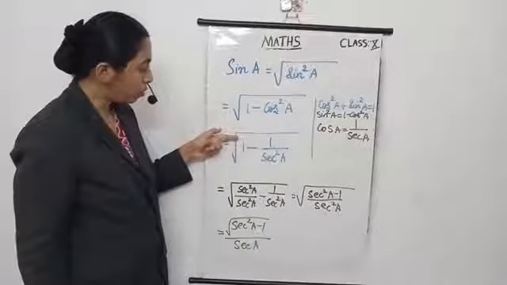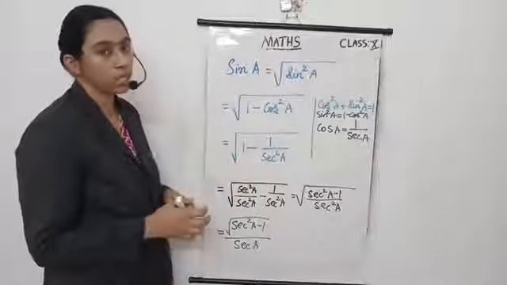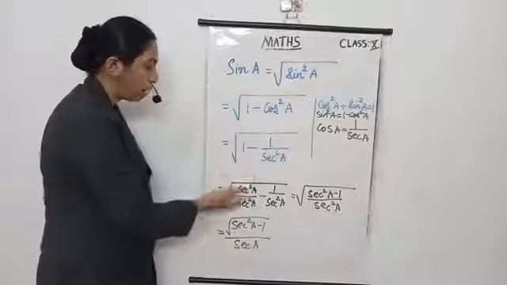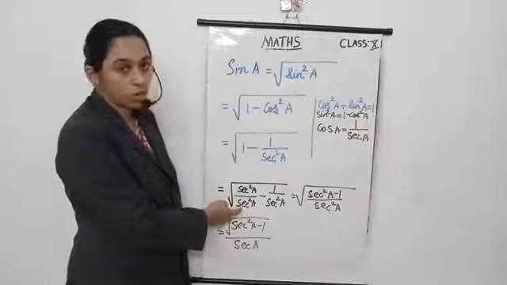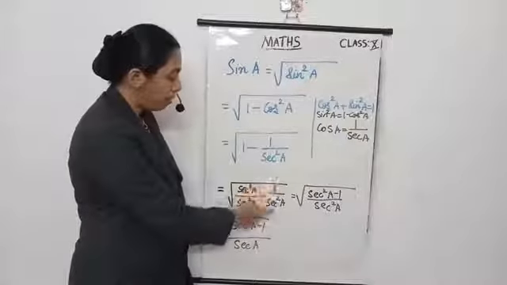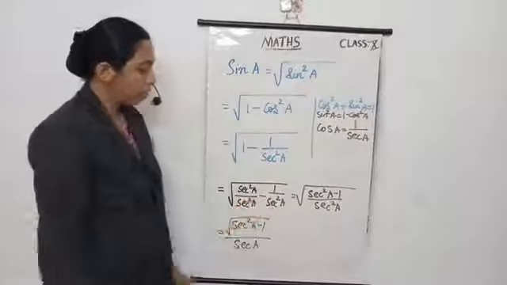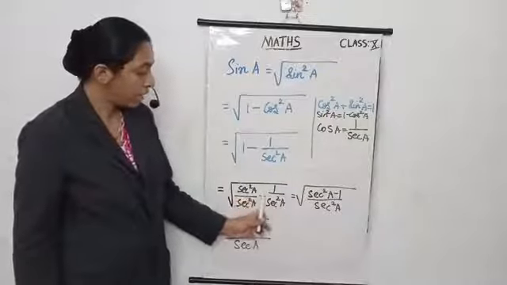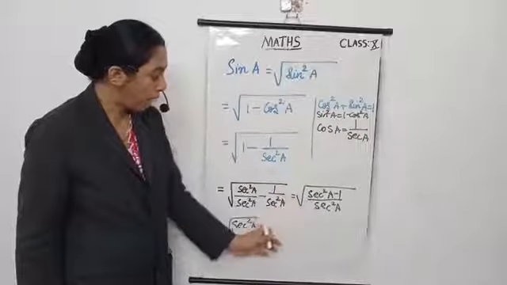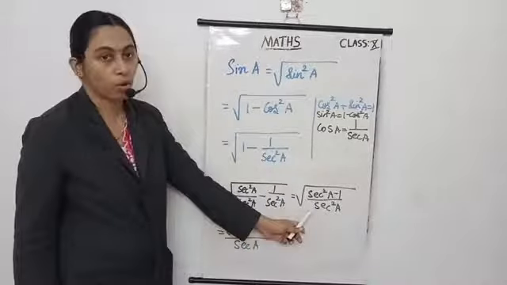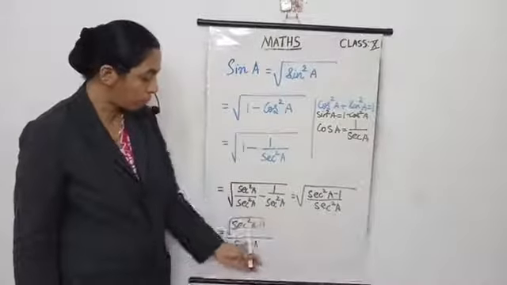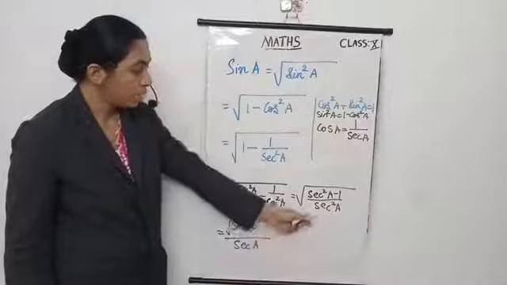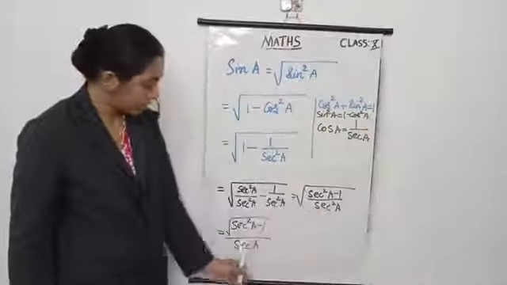So multiply both the numerator and denominator with sec square A. Here 1 means sec square A by sec square A minus 1 by sec square A. Now same denominator, so we can subtract the numerators. So sec square A minus 1 by sec square A. Take a root: root of sec square A minus 1 by root of sec square A, which is sec A.